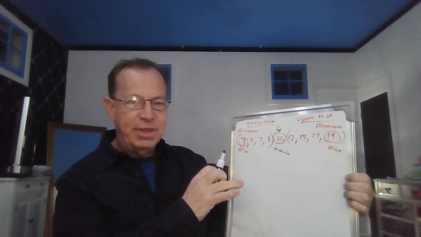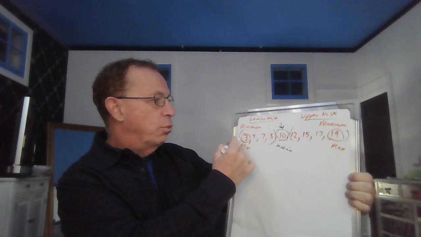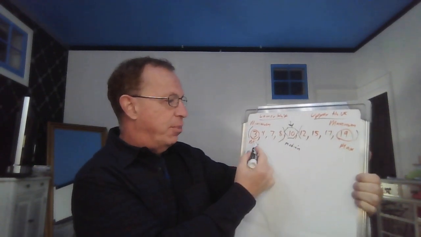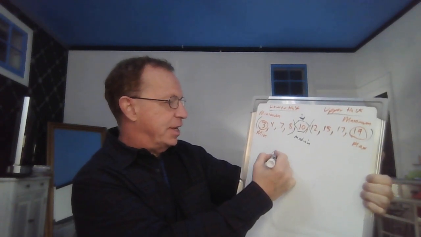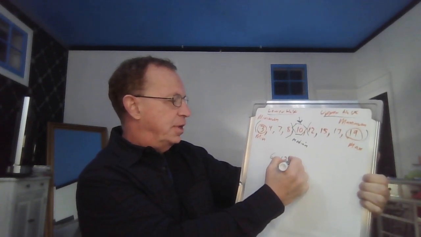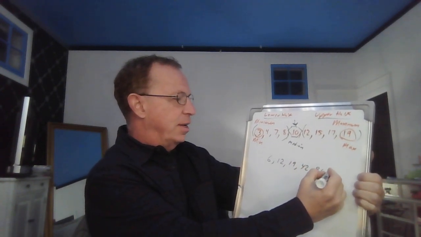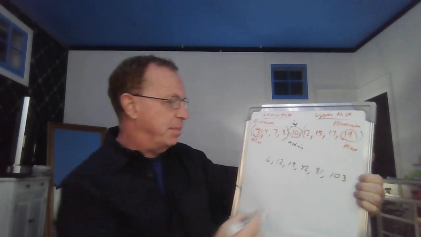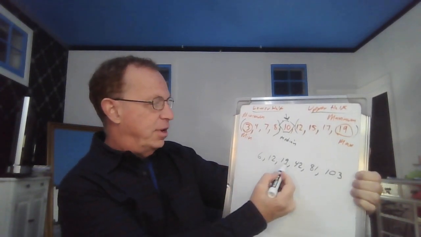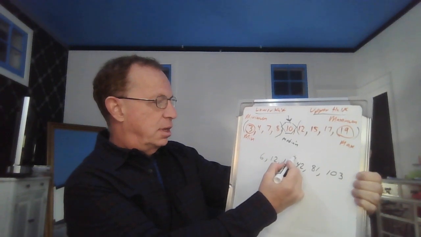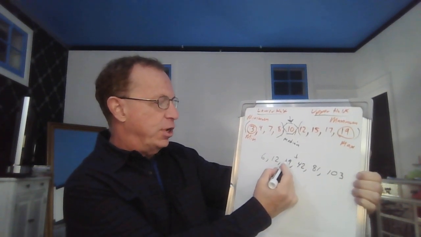And so hopefully that makes sense of the next thing that I'm going to say, which is we did this with an odd number. Now, what if we had an even number? What if we had a smaller data set? Let's just say 6, 12, 19, 42, 81, and 103, just to make up some numbers. Now, this time we have a median that's right in between 19 and 42.